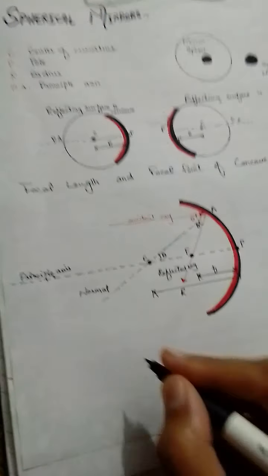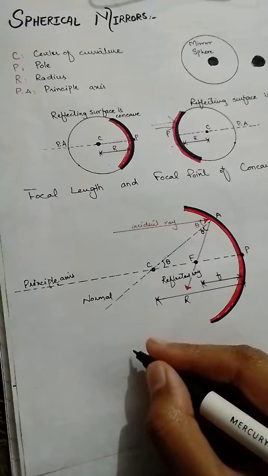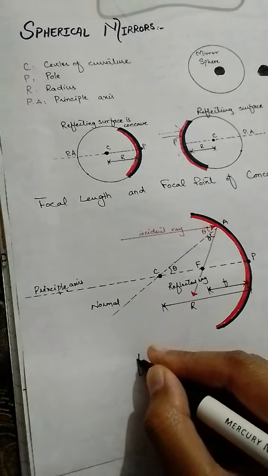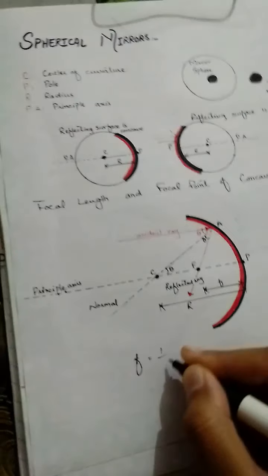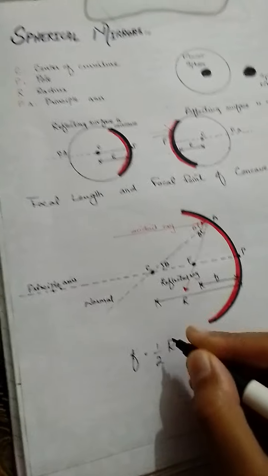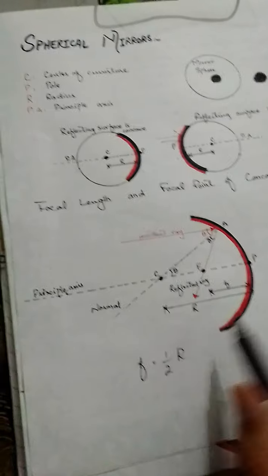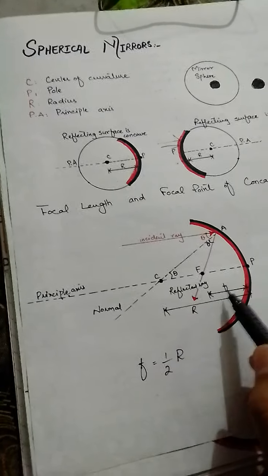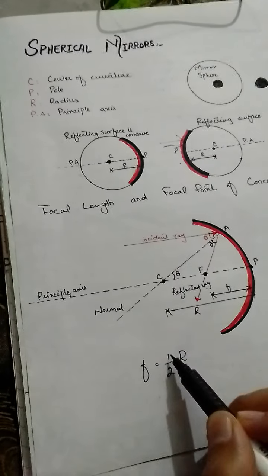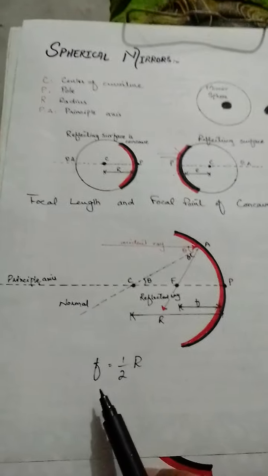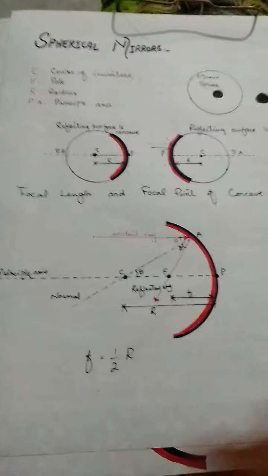Mathematically we can write f equals 1 by 2r. Sometimes we denote it by capital F and sometimes by small f, but here we have denoted it by small f, so we will write f equals 1 by 2r. Okay, so this is how we can determine focal length. This is for the case of a concave mirror.